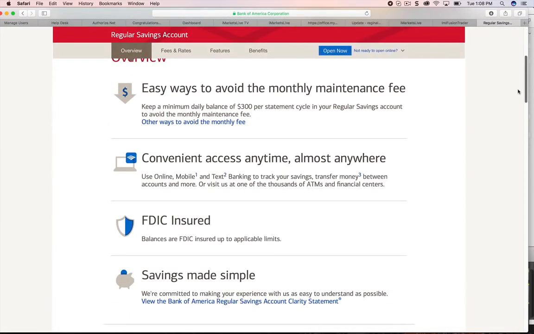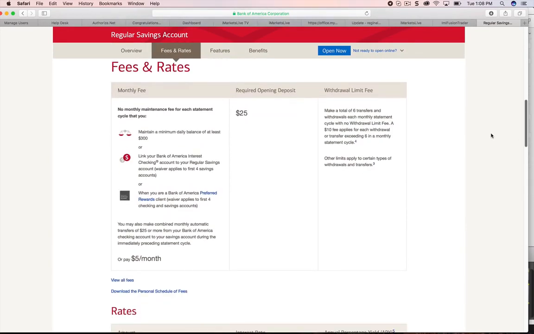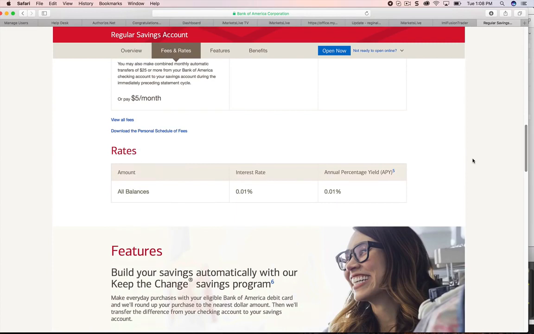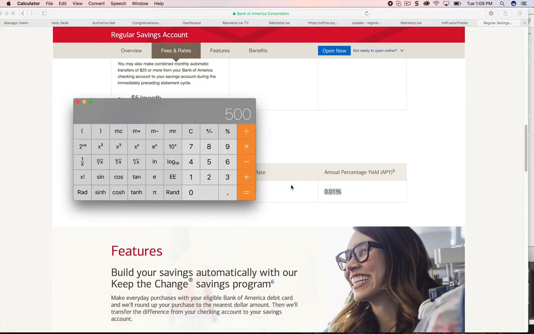If I can't, I'm not going to worry about it too much, because pretty much you know what it is. Okay, so here it is: rates, all balances, 1% annually. That's what Bank of America offers. Typically on all banks, that's what it's going to be.